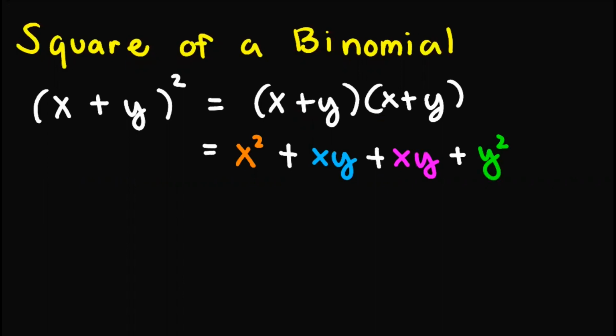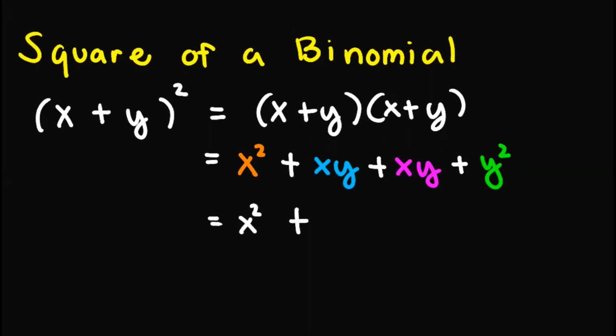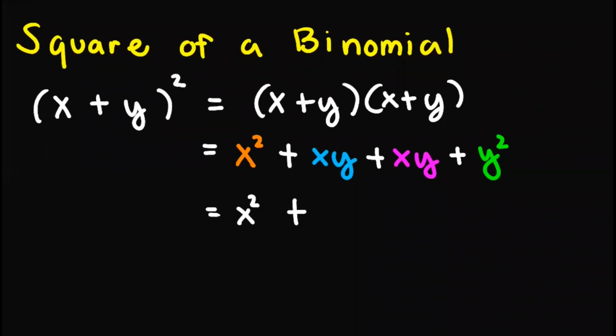Simplifying this, we'll obtain x squared plus, observe that these are like terms, so we can add them if we assume that there are ones here. So we obtain 2xy plus y squared.